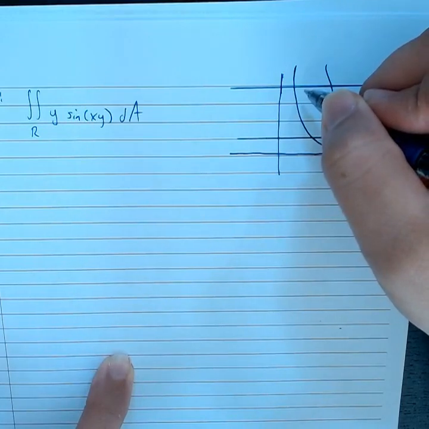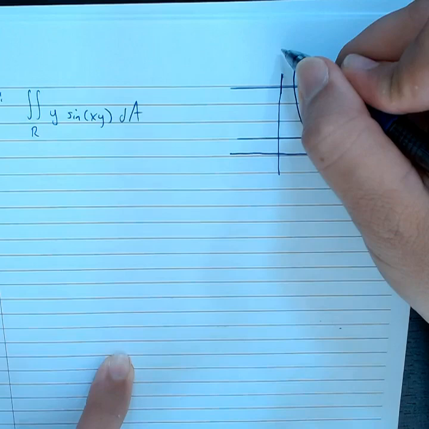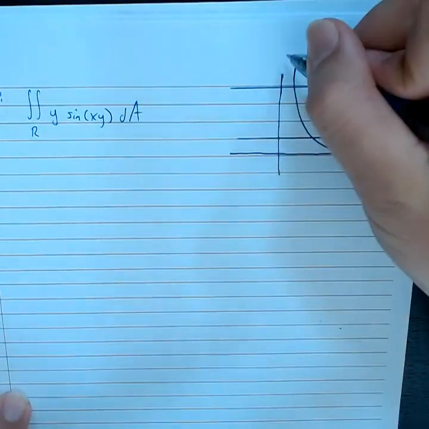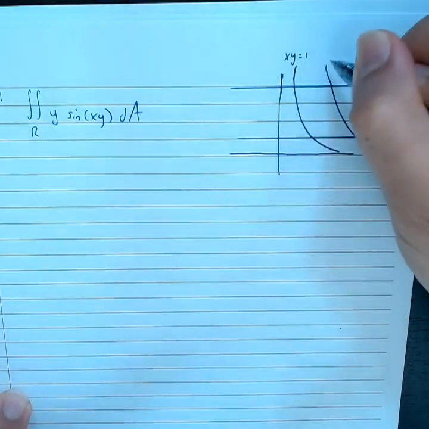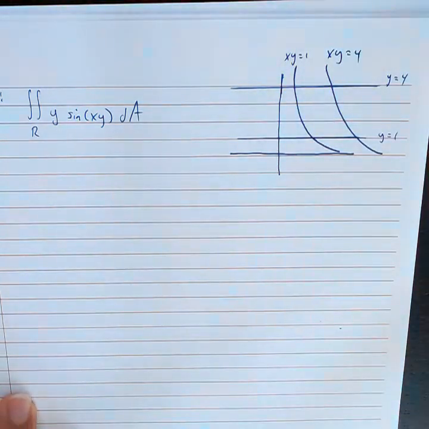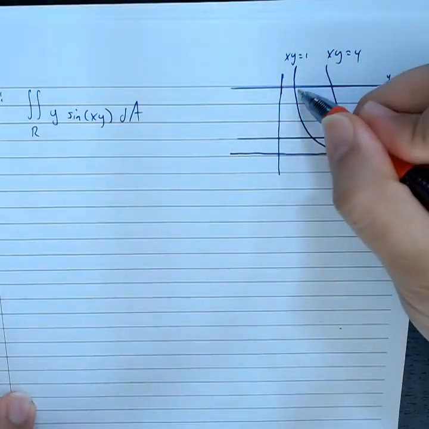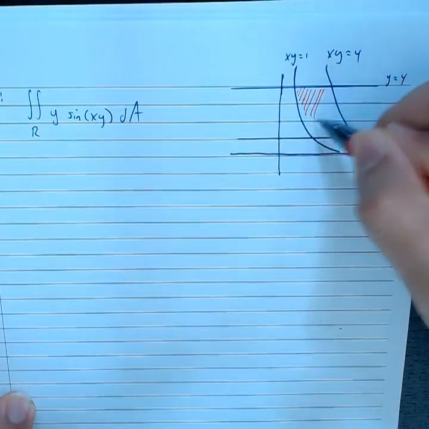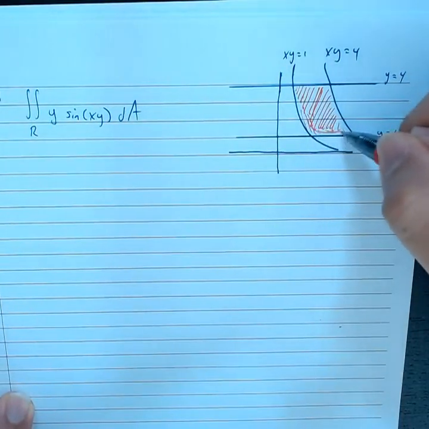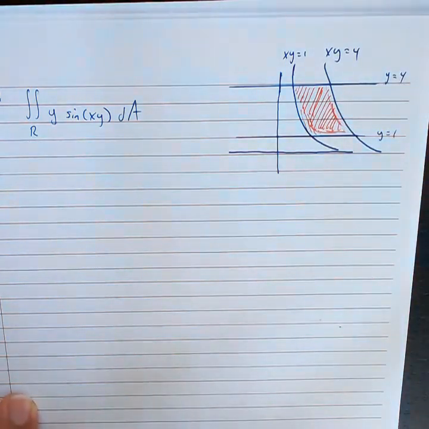They gave us xy equals 1 and xy equals 4. And our region that we care about is the stuff in between here.